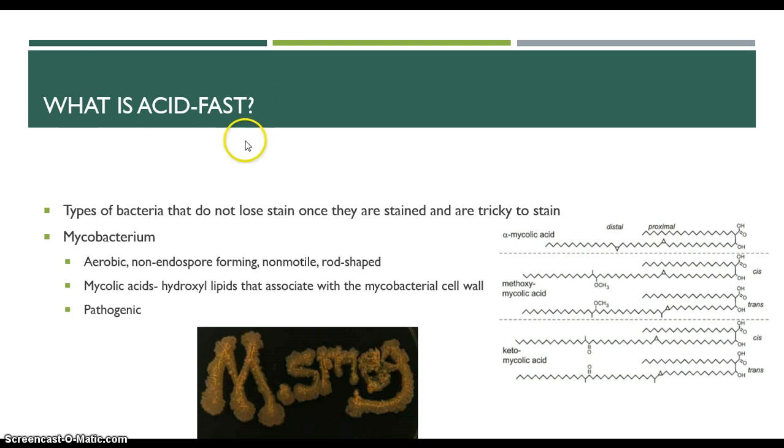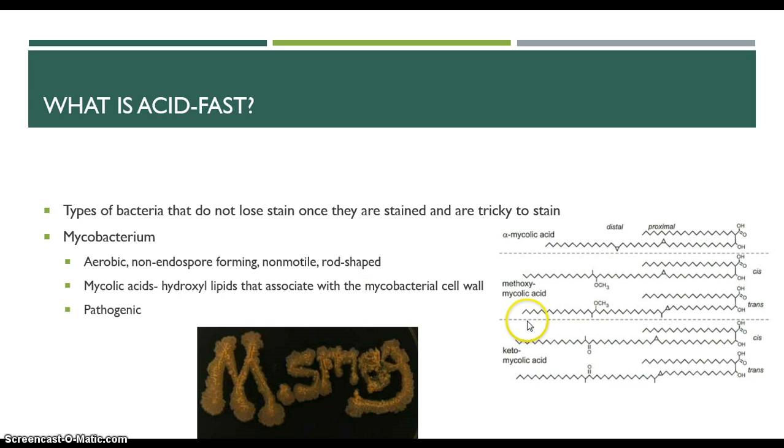So what is an acid-fast cell? They are types of bacteria that don't lose stain once they are stained, and they are tricky to stain in and of themselves. The poster child of the acid-fast family is the Mycobacterium genus. They are aerobic, non-endospore-forming, non-motile rod-shaped bacteria that have these things called mycolic acids on their outside.